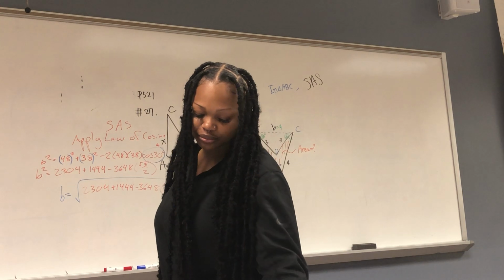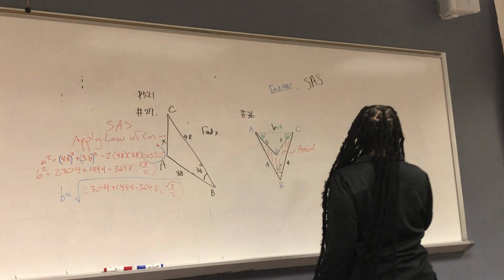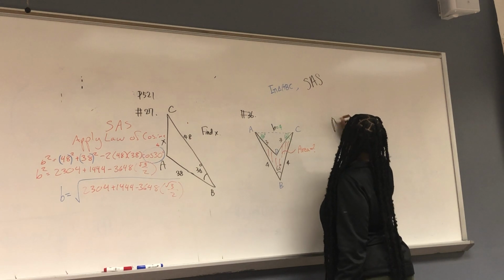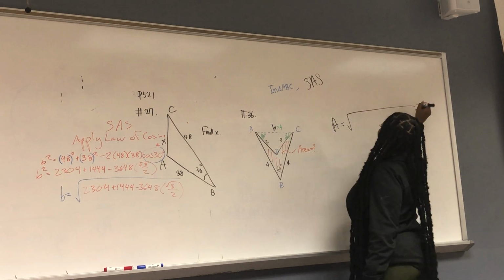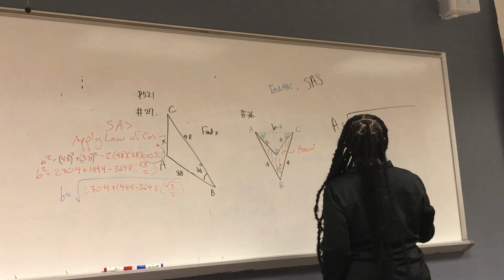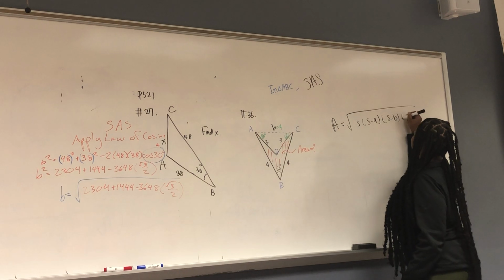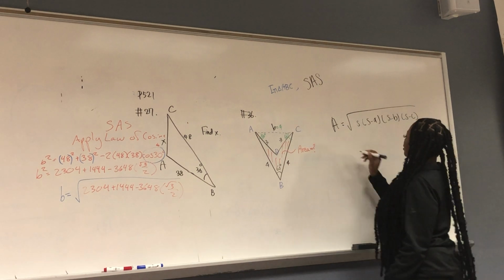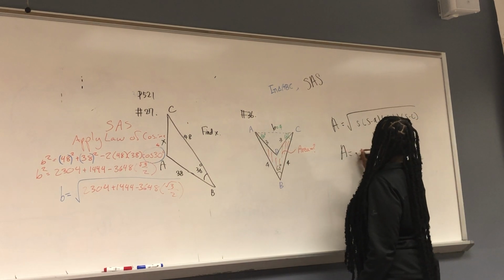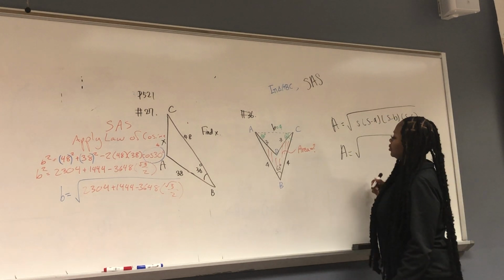How do you measure the shaded area? Okay, I got it now. What did you ask? Your side, which is 4. What did you have?